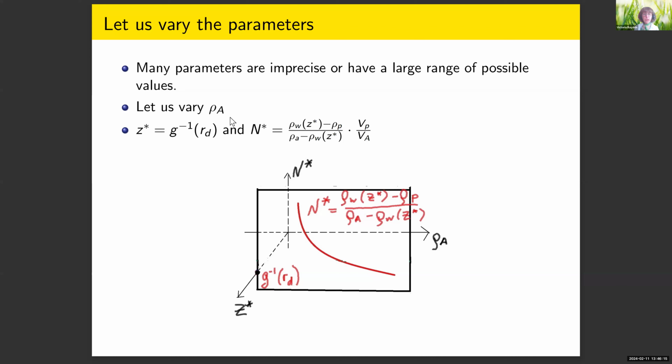So let's try to perturb, for instance, the density of algal cells. So we have this hyperbola that describes stationary points, the number of algal cells required for this aggregate to come to the fixed point at the depths where the rate of growth is the same as the rate of death of algae.